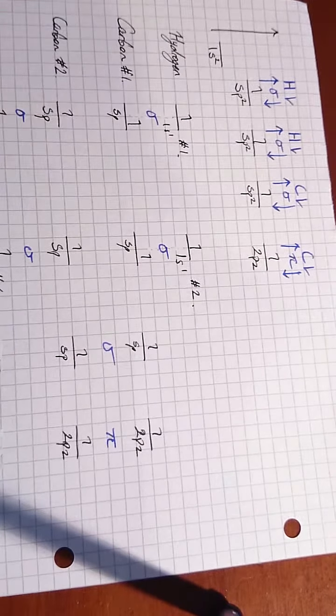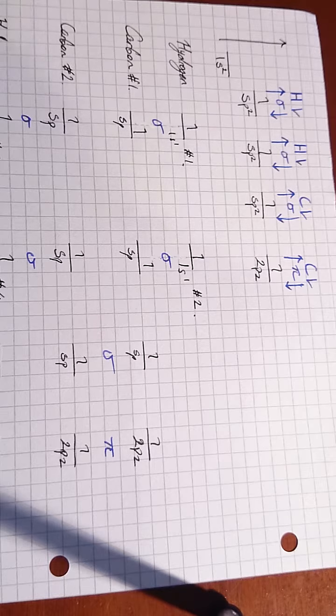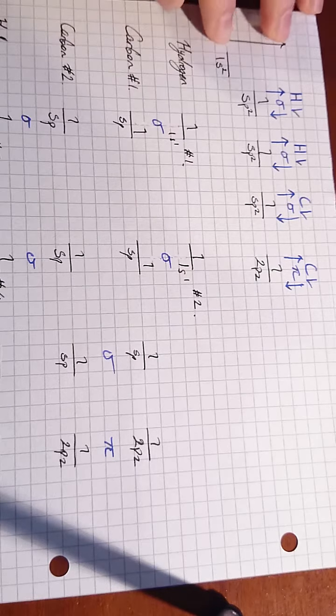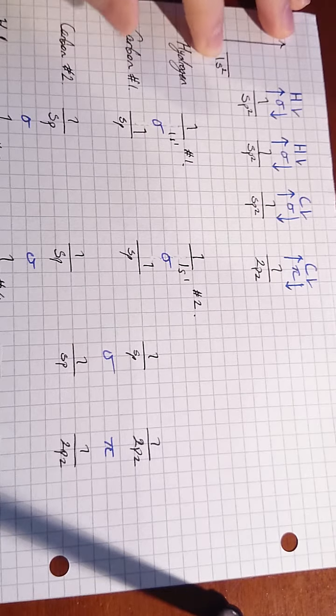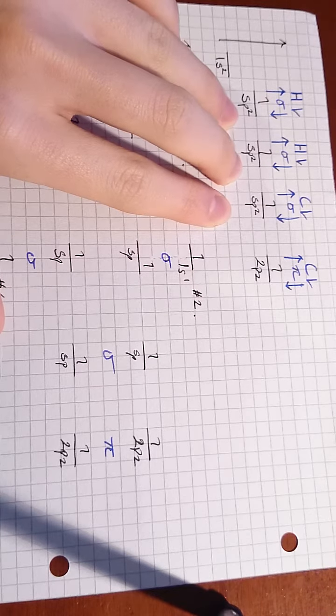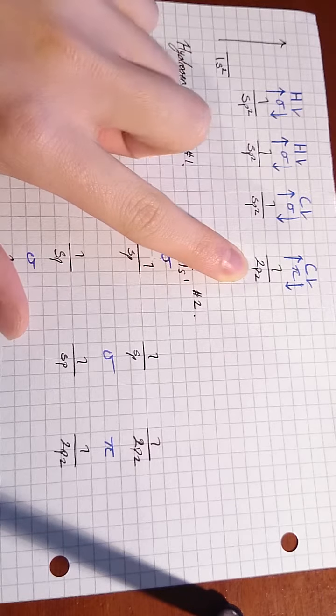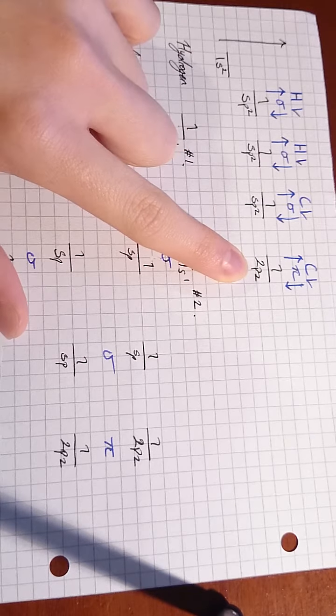Now I have drawn here diagrams to illustrate the formation of ethene more clearly. So here we have the 1s2, and then we have the 3 sp2 hybrid orbitals, and then we have the unhybridized remaining 2pz orbital.